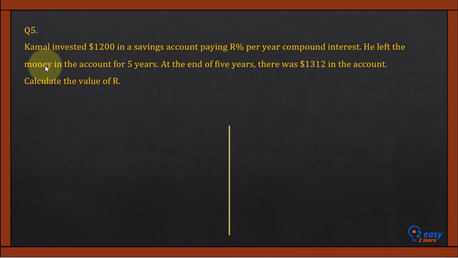He left the money in the account for 5 years, T is 5. At the end of 5 years, there was $1,312. It means this is the total amount at the end of 5 years in the account. Calculate the value of R. So given information: principal amount $1,200, total amount $1,312, T 5 years, and R, the interest rate, we have to calculate.